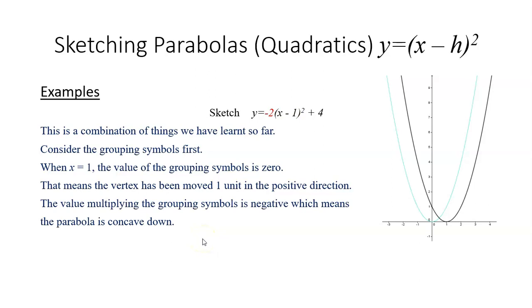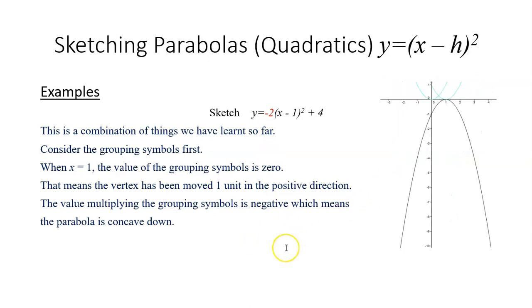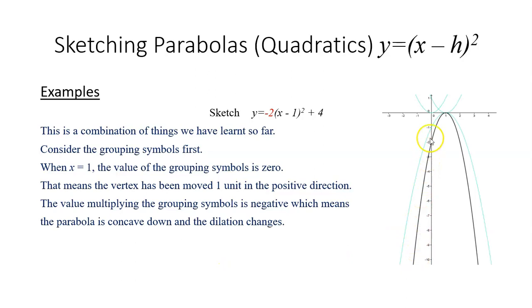Now that we know that, the value multiplying the grouping symbols is negative 2, which means the parabola is concave down. So you'll notice my diagram is going to change a fair bit now. So there's y equals x squared. That's x minus 1 all squared. And now this is negative x minus 1 all squared. We haven't multiplied it by the 2 yet, so that's going to change the dilation. Okay, so that's negative 2 times x minus 1 all squared.